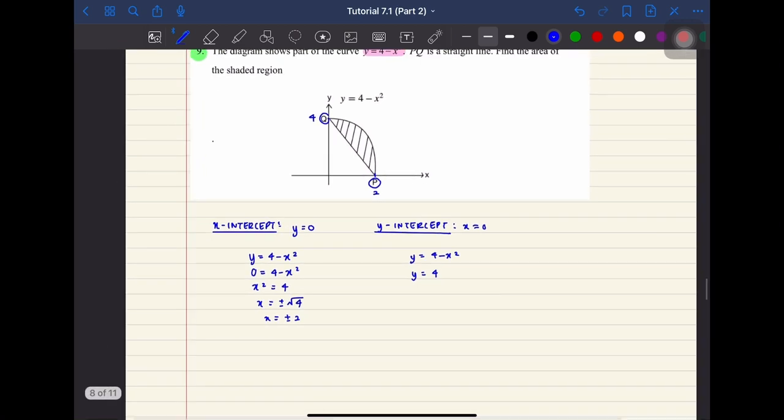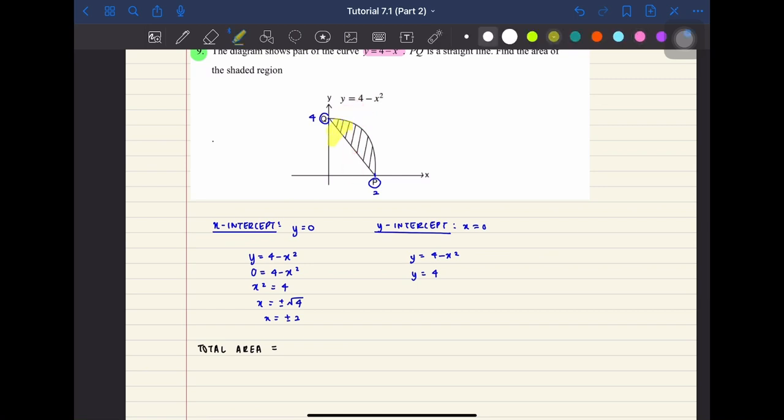Okay, now kita nak cari area yang ni dulu. Okay, so untuk cari kawasan yang ni, kita boleh pakai function atas tolak bawah. So total area, kita cari total area dulu. So total area sama dengan, okay, sekejap saya highlightkan kawasan yang saya nak cari dulu.